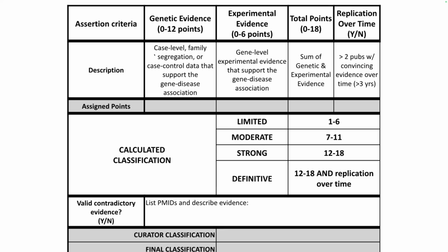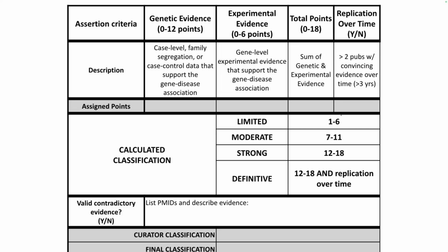So this is the description of the points here. We have 12 points of genetic evidence, 6 points of experimental evidence, with 18 points total, and then asking the question of replication over time. And you'll see we built a little bit of flexibility into this framework because we have international groups of experts who use these frameworks, and we feel that they really should tailor the frameworks a bit into their disease areas.